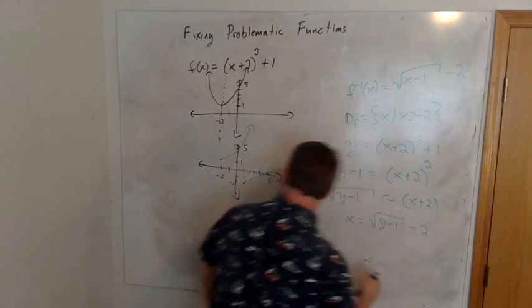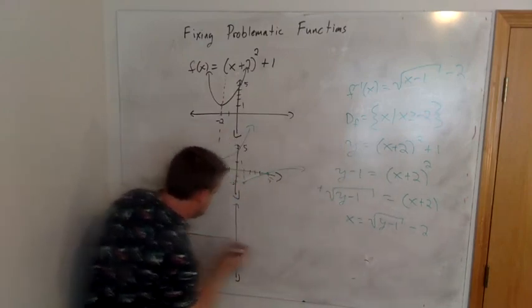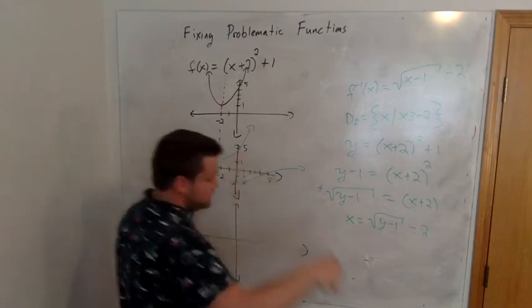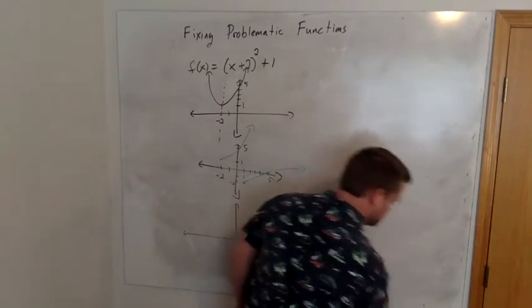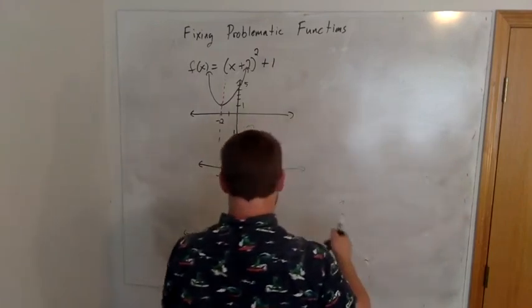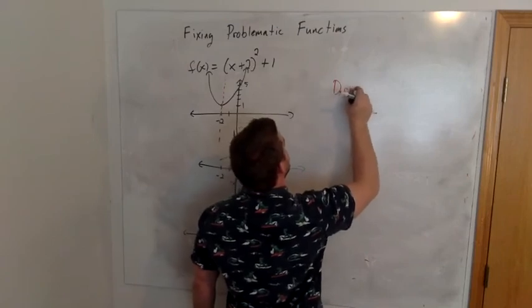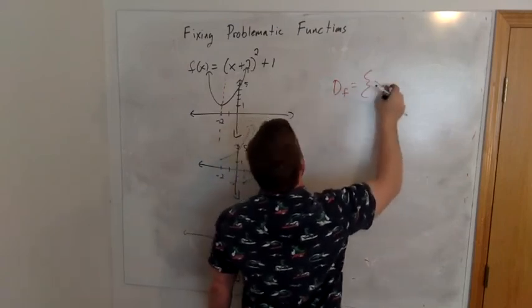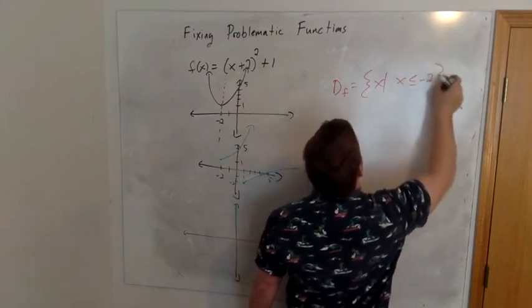Similarly, if we wanted to make a different domain restriction, let's say we'll do it in red. Let's say I want to make the domain restriction the domain of f. Let's say it's all x such that x is less than or equal to negative 2.